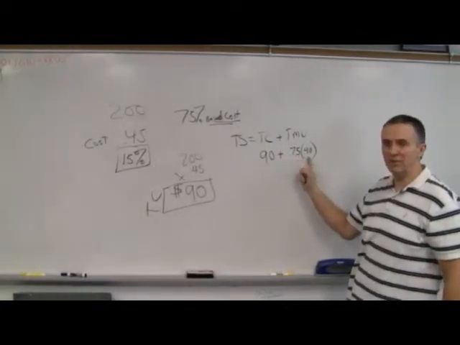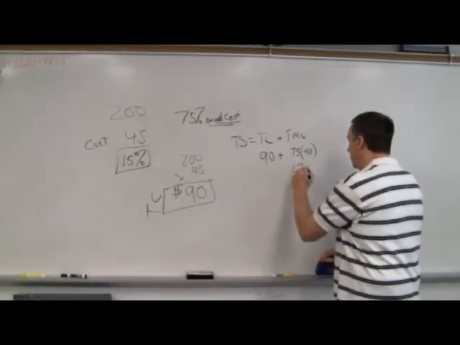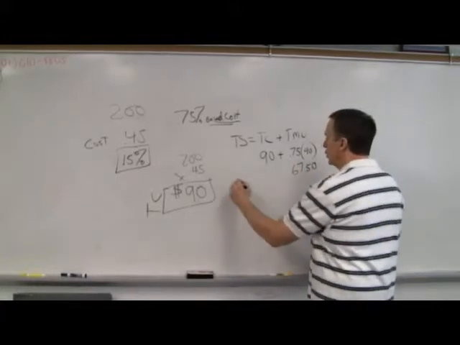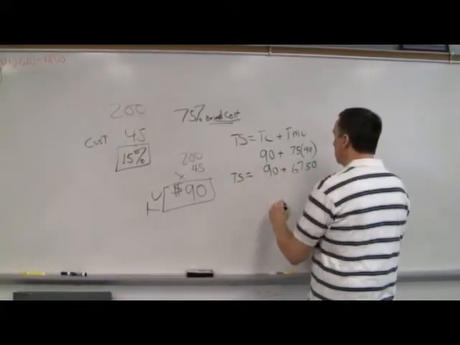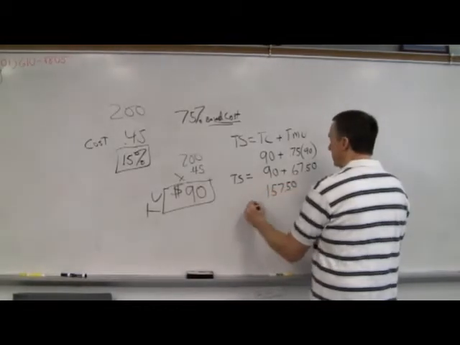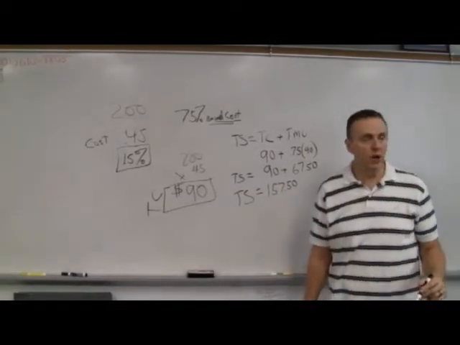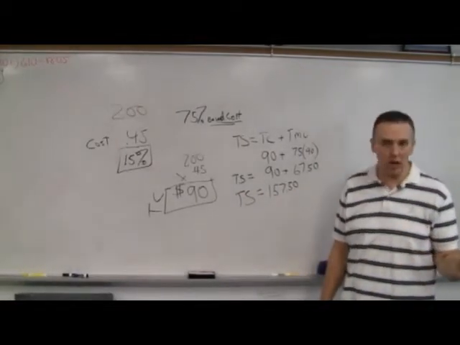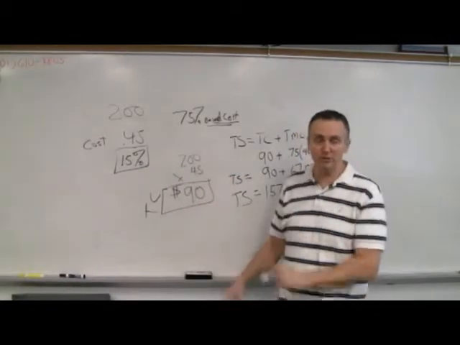What is 75% of $90? $67.50 is right. So our total sales must be 90 plus $67.50 for a total of $157.50. That's our total sales. Notice I have not messed around at all with the 15% yet. This is where the 15% comes in.